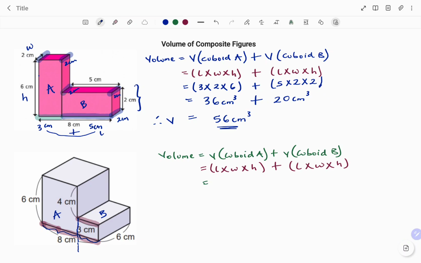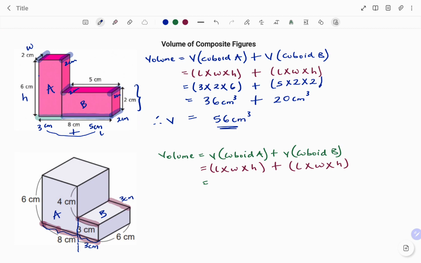Therefore, I'm going to highlight all the lines parallel to that, giving us 3 centimeters. So for cuboid B, this is 3 centimeters, and also this is 3 centimeters.